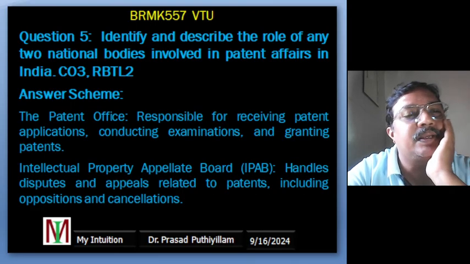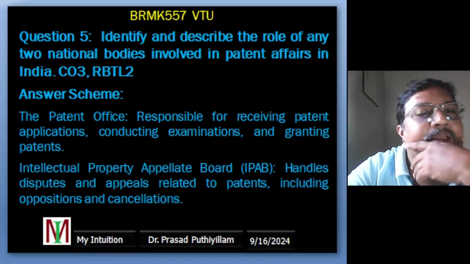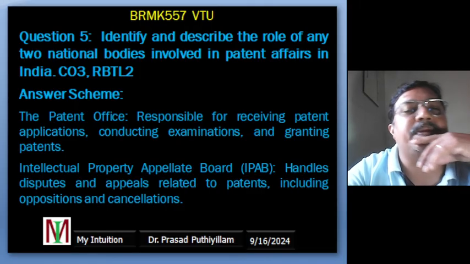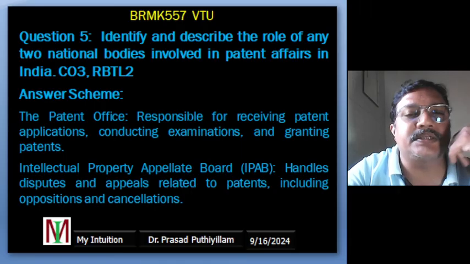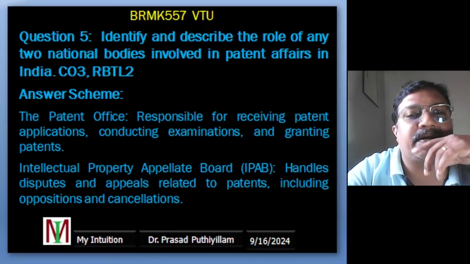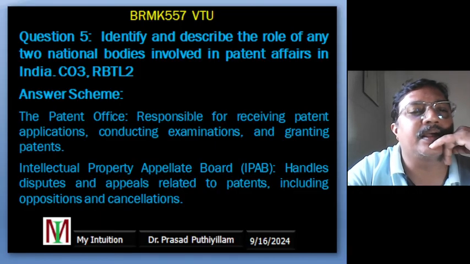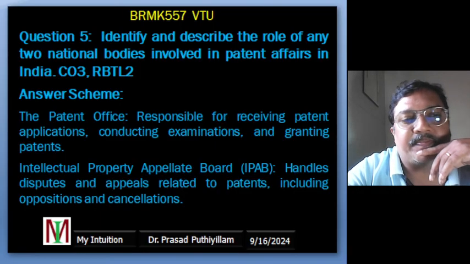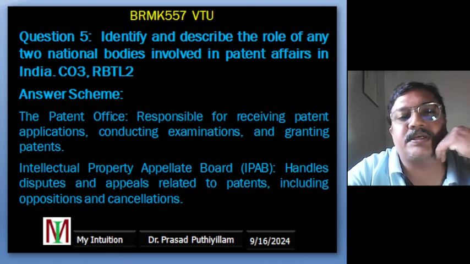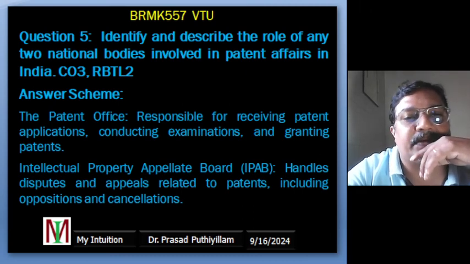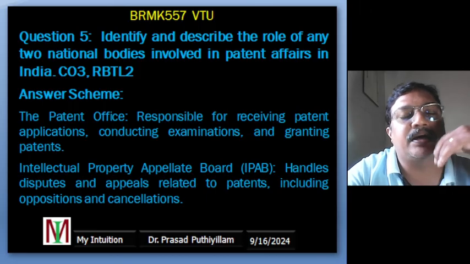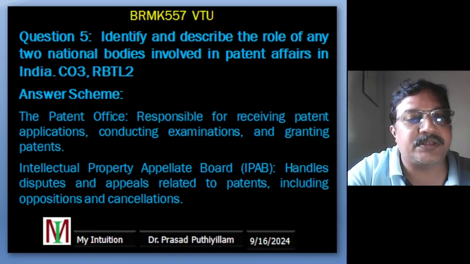Second point, Intellectual Property Appellate Board, IPAB. It handles disputes and appeals related to patents, including oppositions and cancellations. The IPAB is a special board which helps to solve the problems and the arguments about a patent.